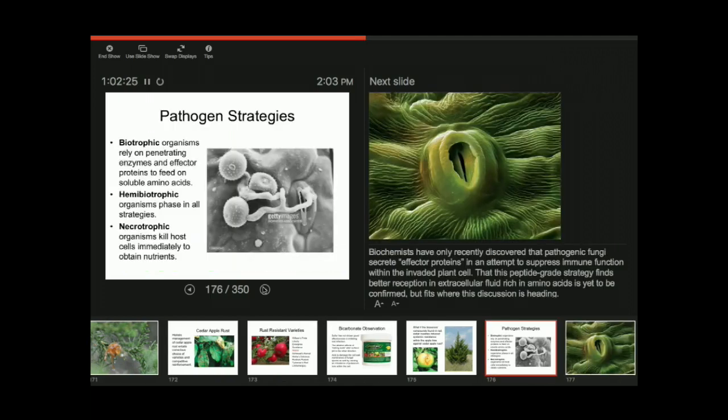Now this slide is where the real answer to cedar apple rust gets unveiled. And not so much the words, this is just words grouping diseases in different categories, but it's the picture.